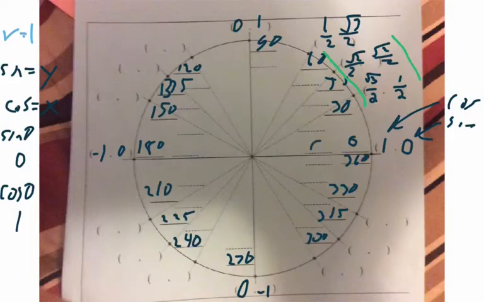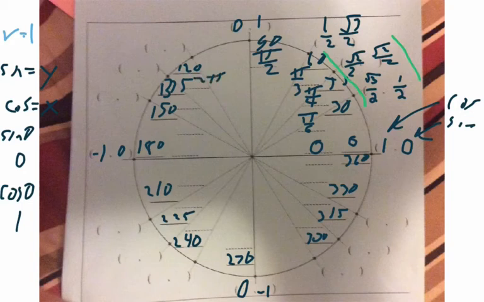So 0 is still going to be 0. 30 is going to be pi over 6, pi over 4, and pi over 3. 90 is pi over 2, or 1/2 pi, as we've been talking about. 120 is 2 pi over 3, 3 pi over 4, and 5 pi over 6, and this one is just pi.